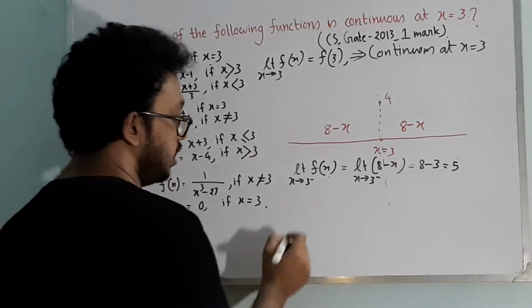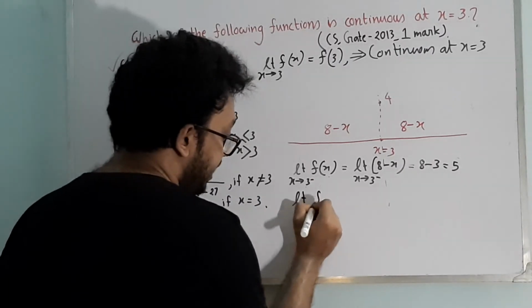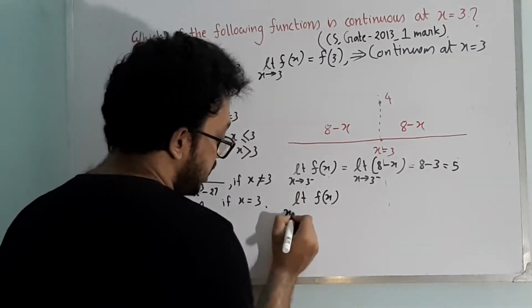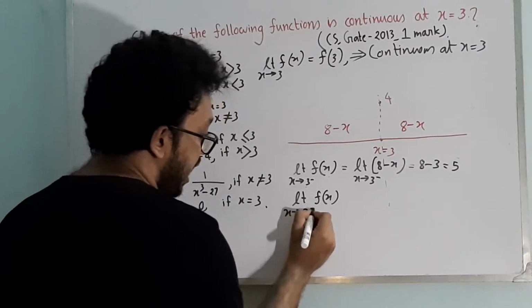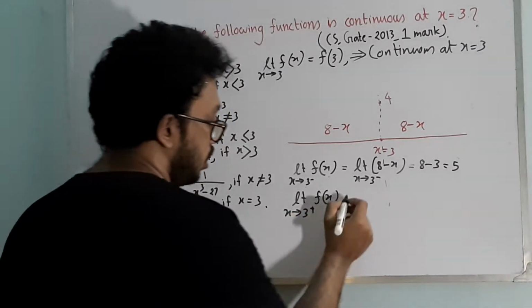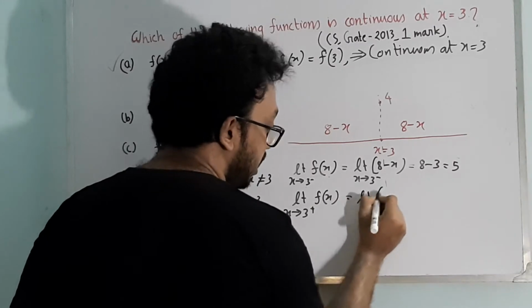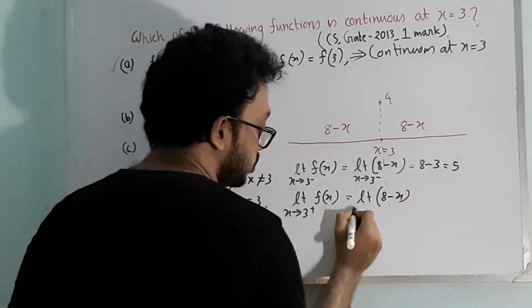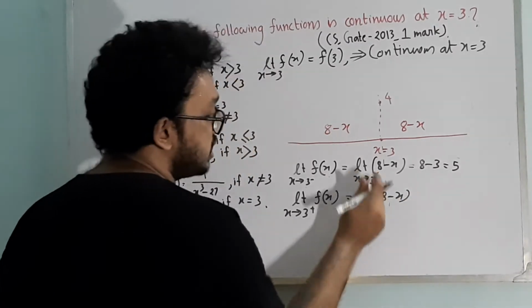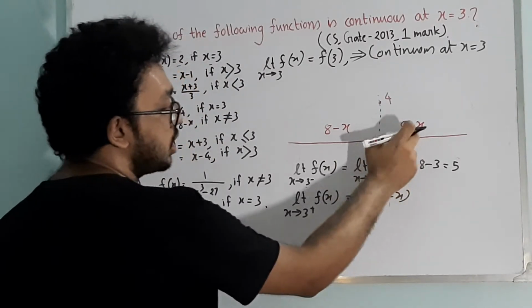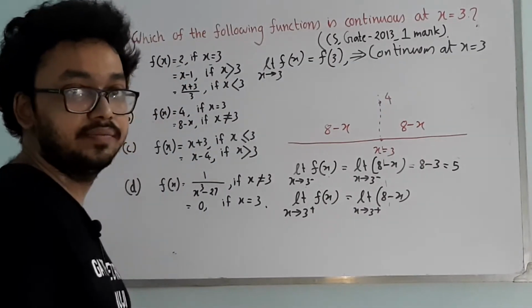Now come to the right hand limit at x equal to 3. Right hand limit of f(x) at x equal to 3 is denoted by limit of f(x) as x tends to 3 plus, which is equal to limit of 8 minus x as x tends to 3 plus, because you observe that just on the right side of x equal to 3, you have f(x) equal to 8 minus x, right?